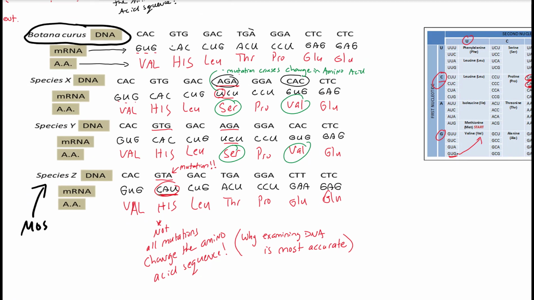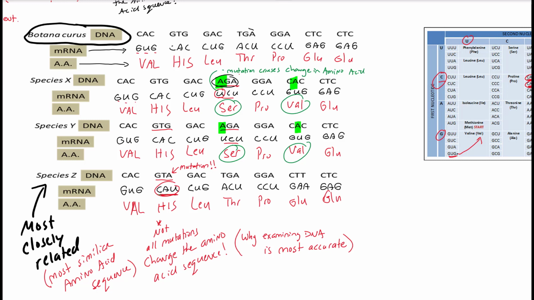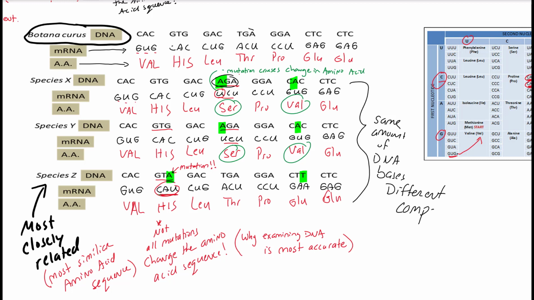When you're comparing Botanicurus to X, Y, and Z, species Z has the least changes in their amino acid sequence. It's the most similar to Botanicurus because species Z has the most similar amino acid sequence. If you compare the DNA, species X, Y, and Z, they all have the same amount of DNA differences, 2 letters each. Botanicurus is most closely related to species Z because they have the most similar amino acids. Pretty cool.